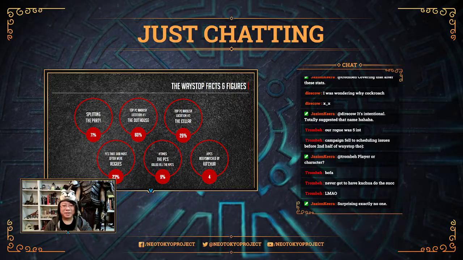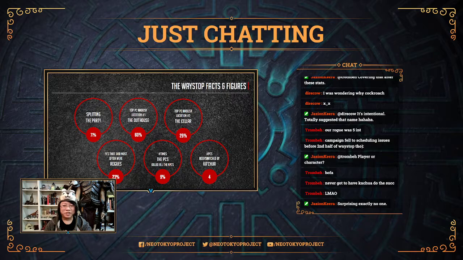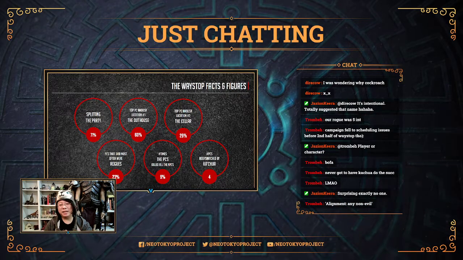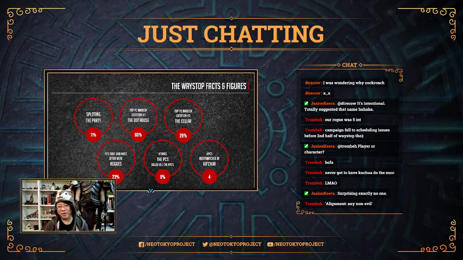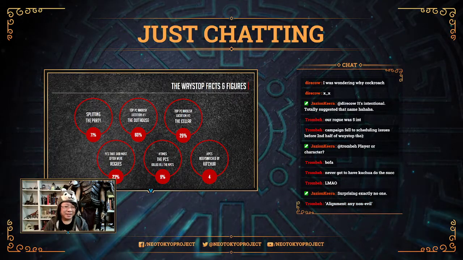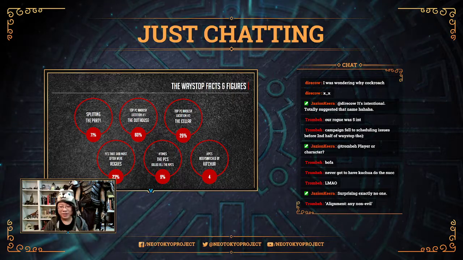So that was hilarious. Four people got their bodies snatched, and that was kind of cute. So alignment, any non-evil, is something that we try to encourage in Adventurers League, but let's just say that there are many chaotic neutral players and chaotic neutral characters.